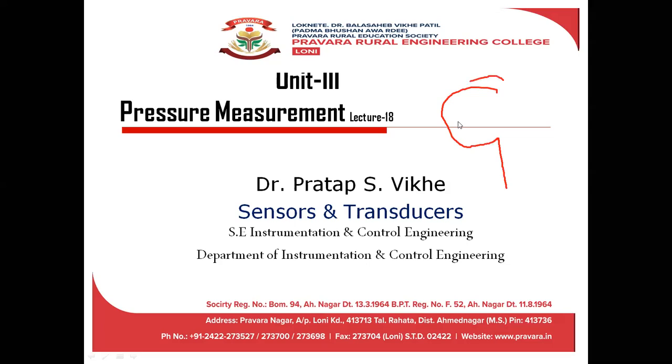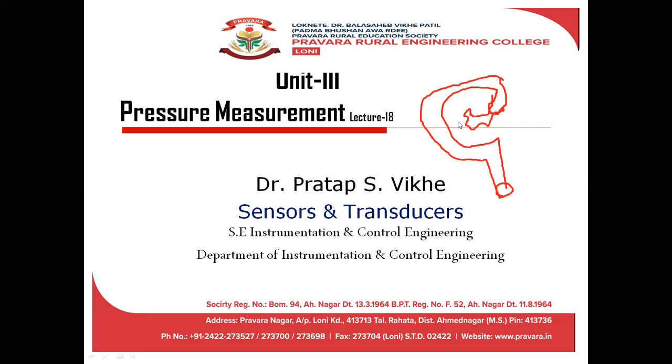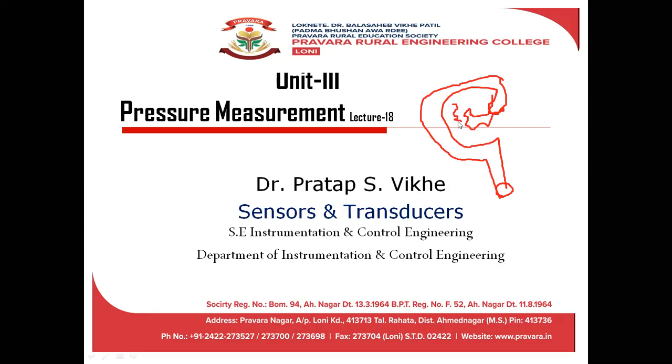This C-type Bourdon tube is represented as shown in the diagram, and here is the tip which is generated at the output. This is connected to the mechanical accessories associated with the gears, and this is connected to the pointer.